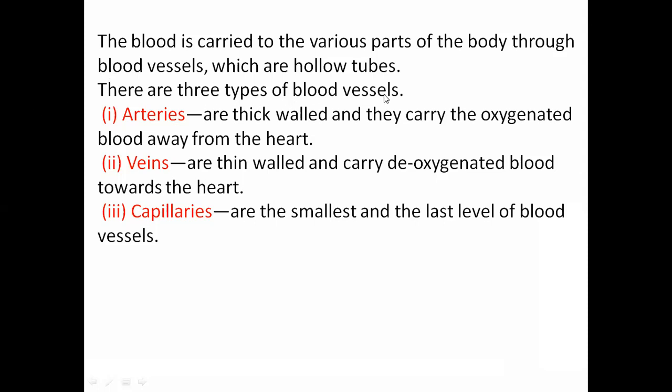There are three types of blood vessels: arteries, veins and capillaries. Arteries are thick walled and carry oxygenated blood away from the heart, from the heart to different parts of the body. Veins are thin walled and carry deoxygenated blood towards the heart.